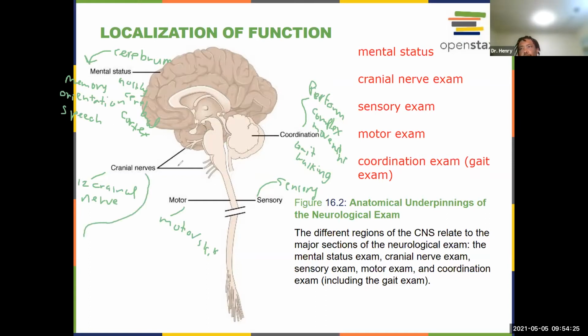So the cranial nerves, the 12 cranial nerves, are going from your diencephalon to your brainstem.